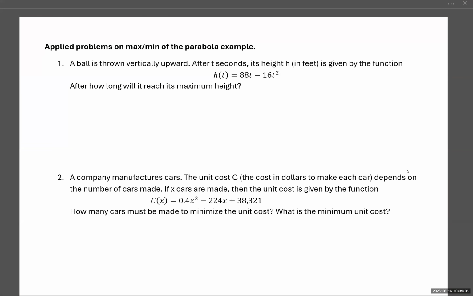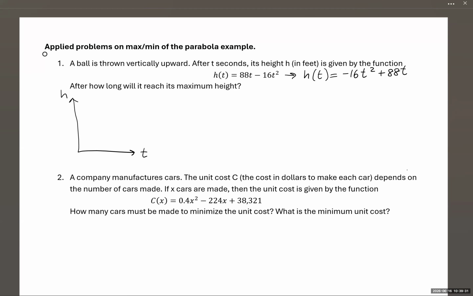So it does help here to visualize what we're looking for. If we just sketch out a little graph, so this is t and this is our height h, we can see by the equation of the parabola that the parabola is going to open down. In fact, you probably need to rewrite it in standard form, negative 16t squared plus 88t.